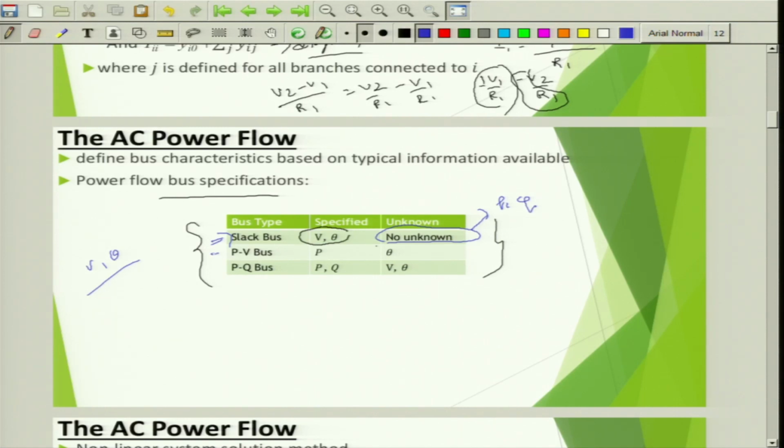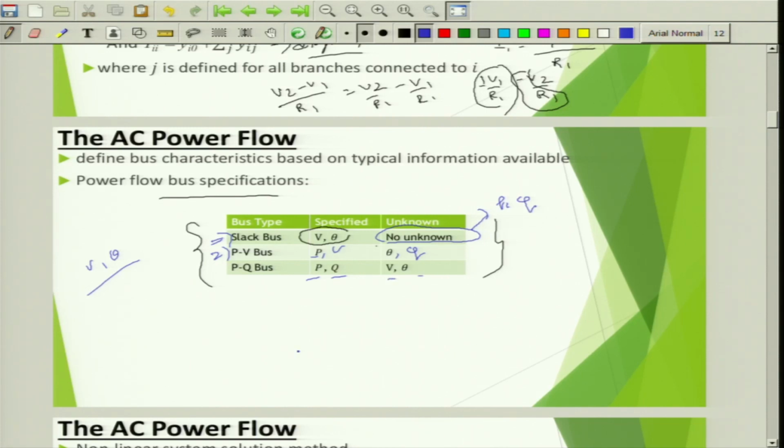And there is the PV bus. In the PV bus, what is known? Active power P is known and voltage is known, whereas the unknowns are theta and Q. In the PQ bus, P and Q are known, and voltage and angle are unknown.